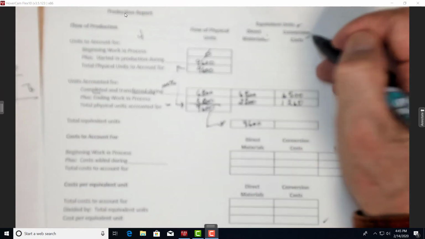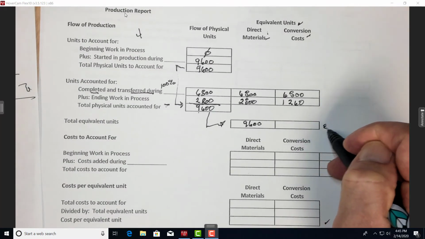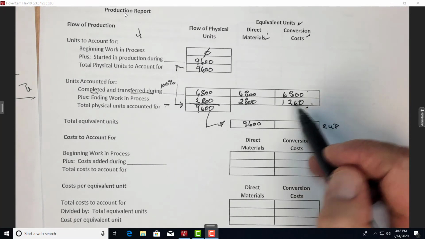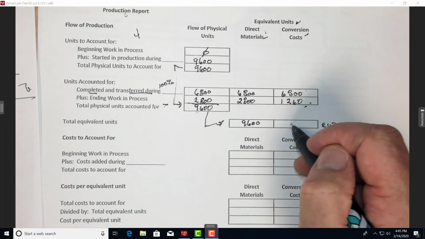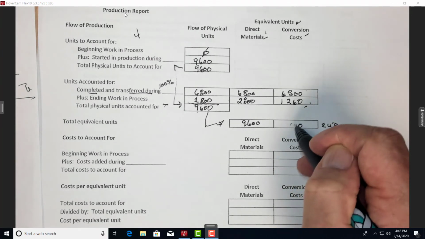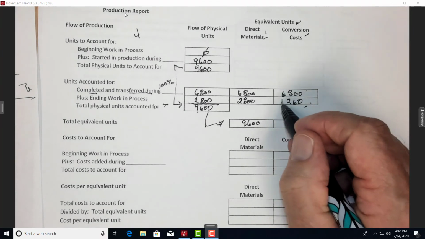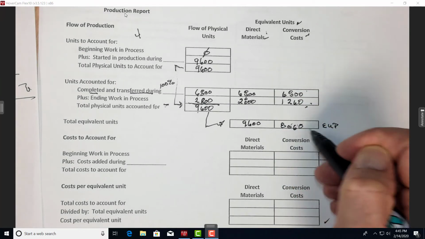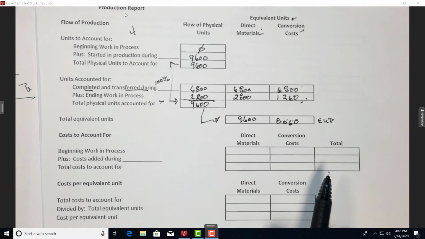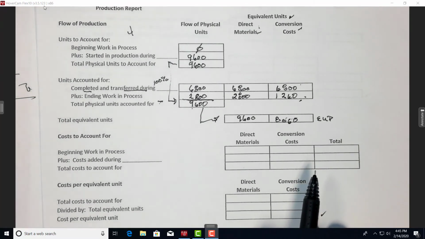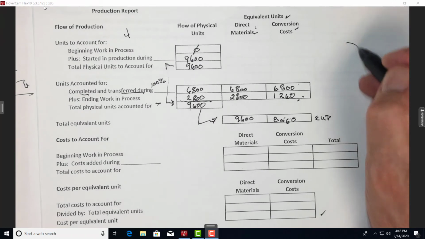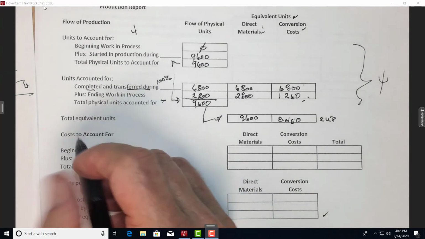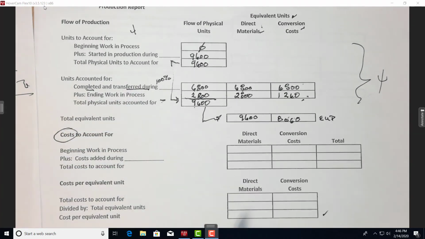But in terms of the equivalent units of production, the total equivalent units of production is going to be 8,060. So that's the total units of production. This takes care of the physical count. We now have to take care of the cost.